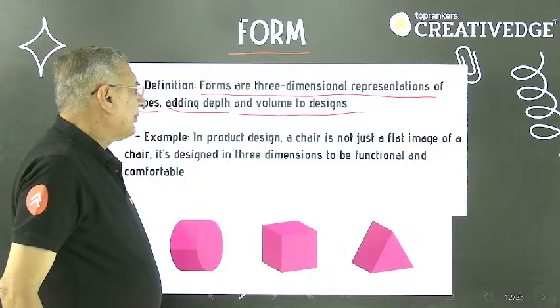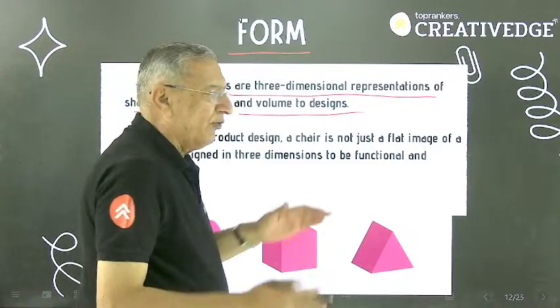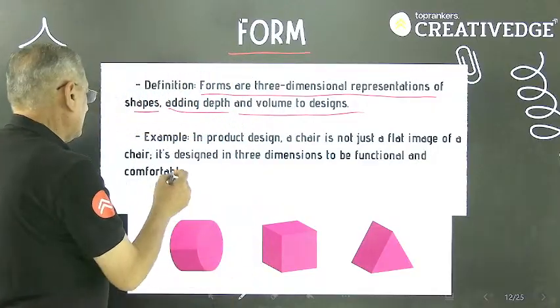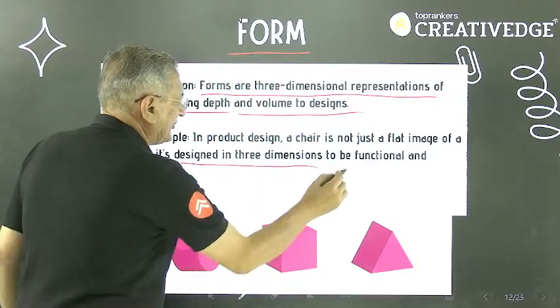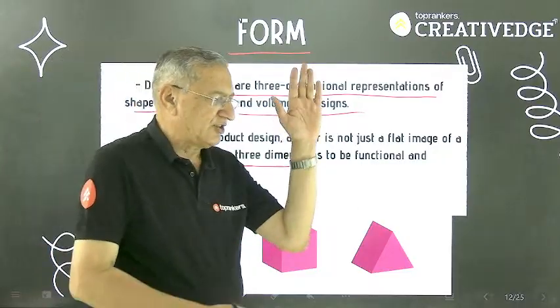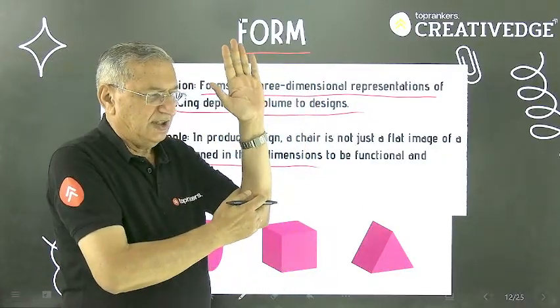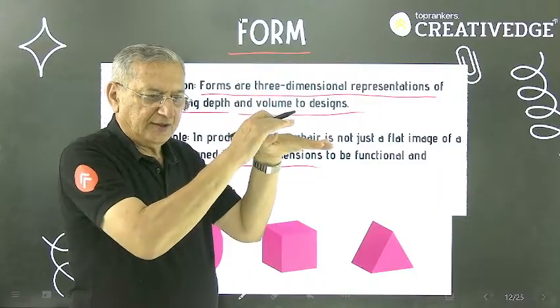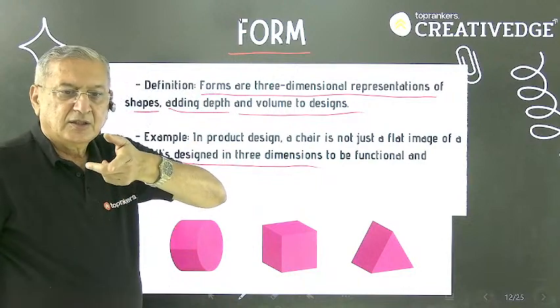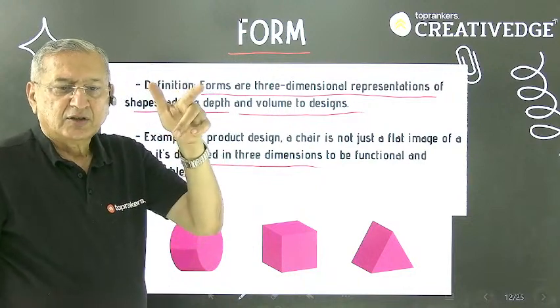For example, in product design, a chair is not just a flat image of a chair. It is designed in three dimensions to be functional and comfortable. So you have got a chair not two-dimensional but three-dimensional. That is, the chair is a form.